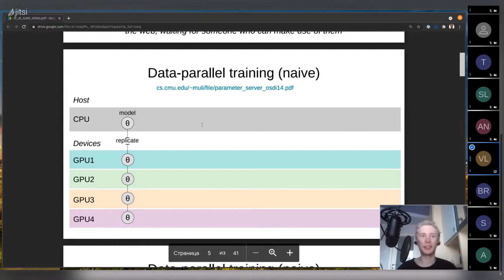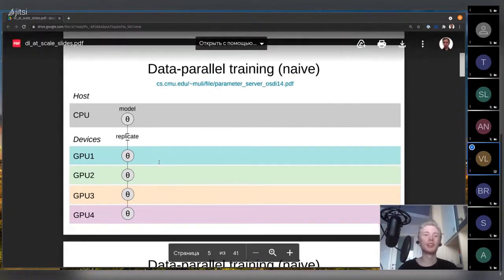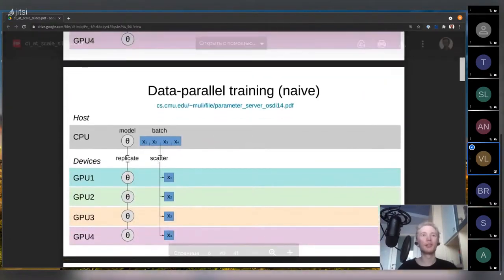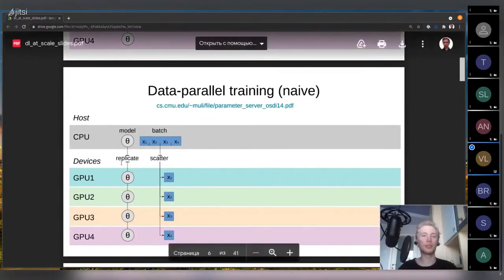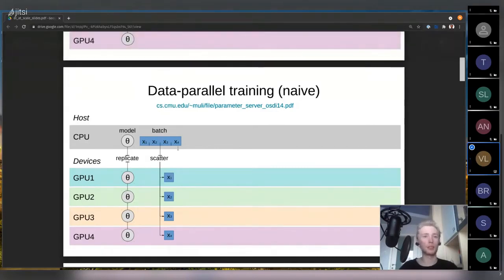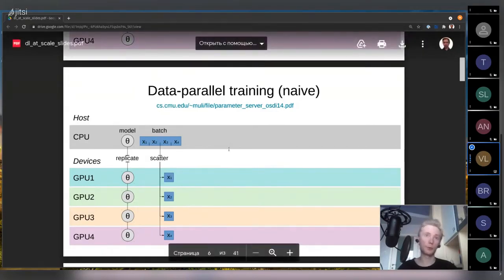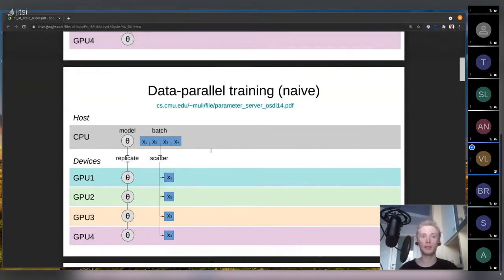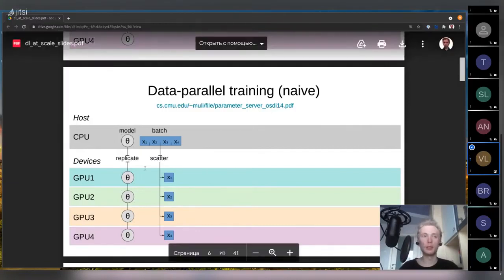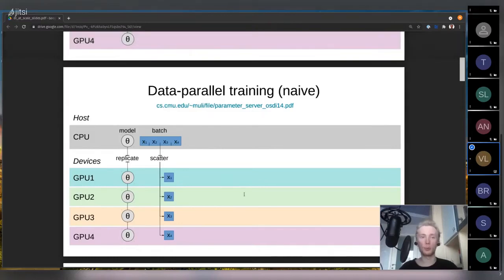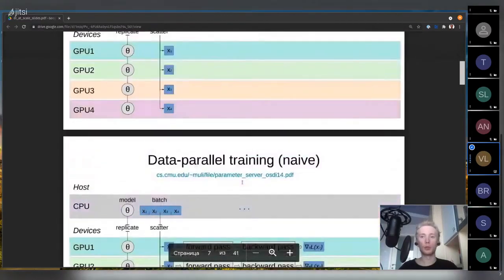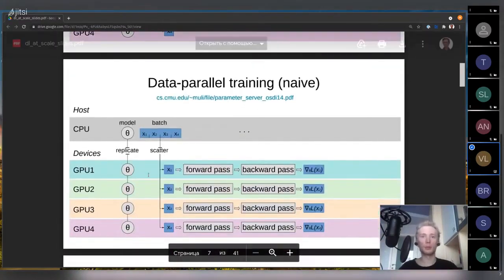So we can cut the dataset into several parts and train a network on each GPU on a part of the dataset. Here in this example, we have 4 GPUs, and we are splitting the dataset in 4 parts. And then the biggest issue is what do we do when we have trained a network on each of the GPUs? What do we do with these different networks?